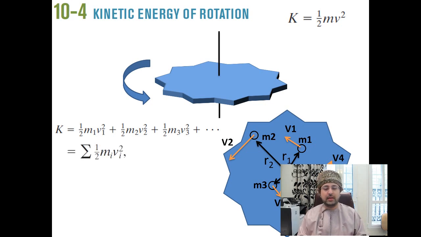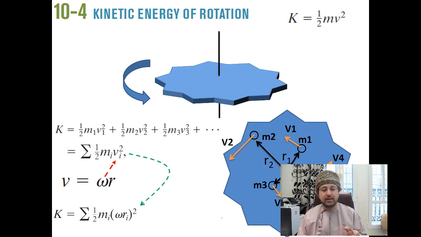Now, if I just generalize that for a second, I'll have half mi vi squared. I have something really interesting here that I can actually do. We already said that v equals omega r, correct? So I can substitute that.